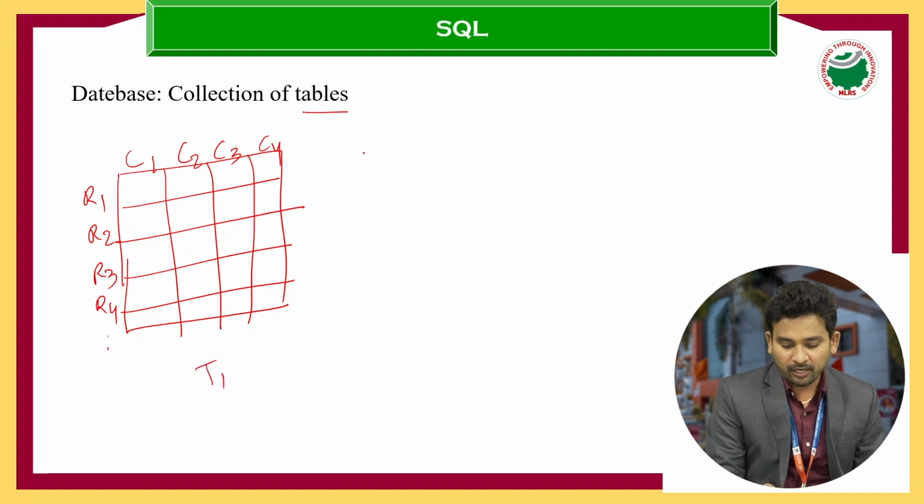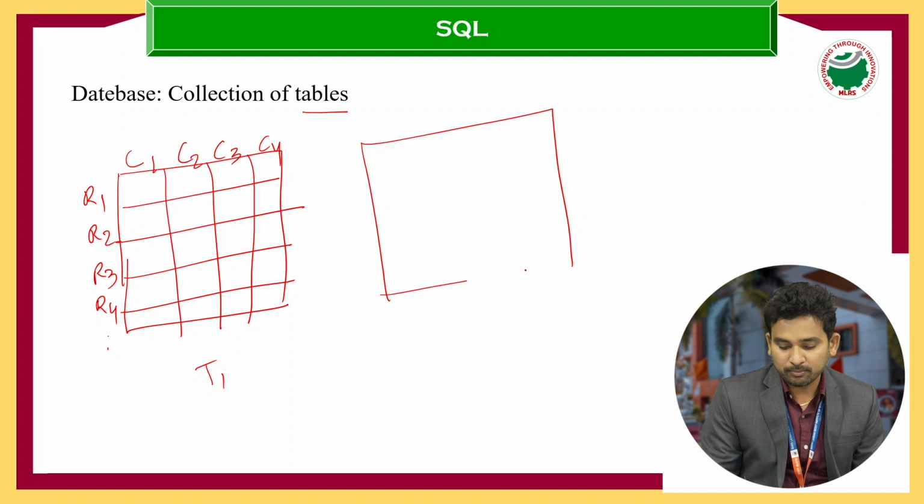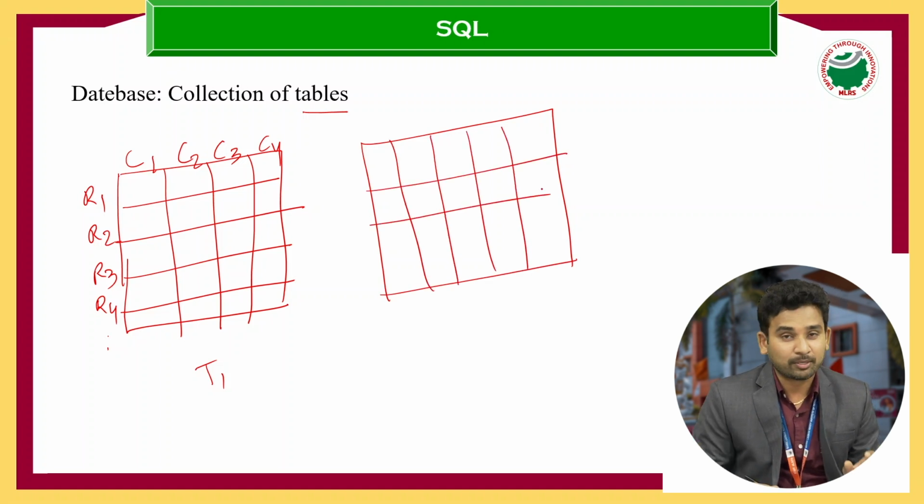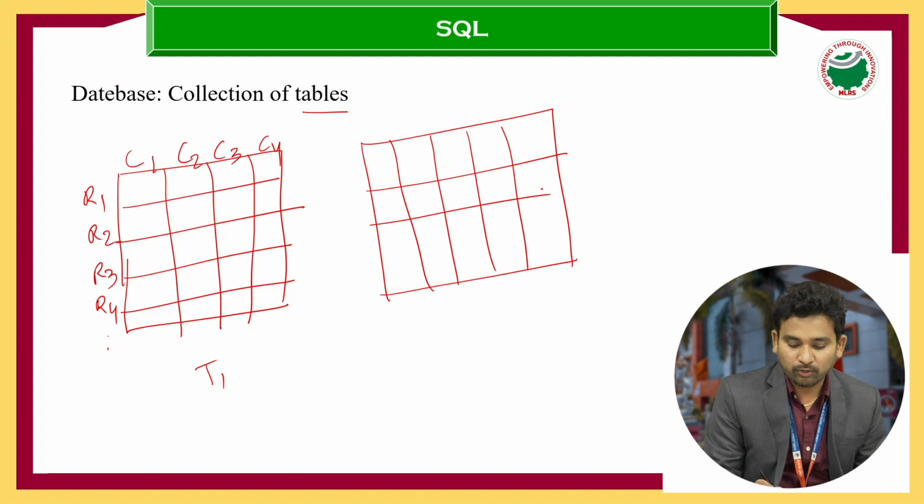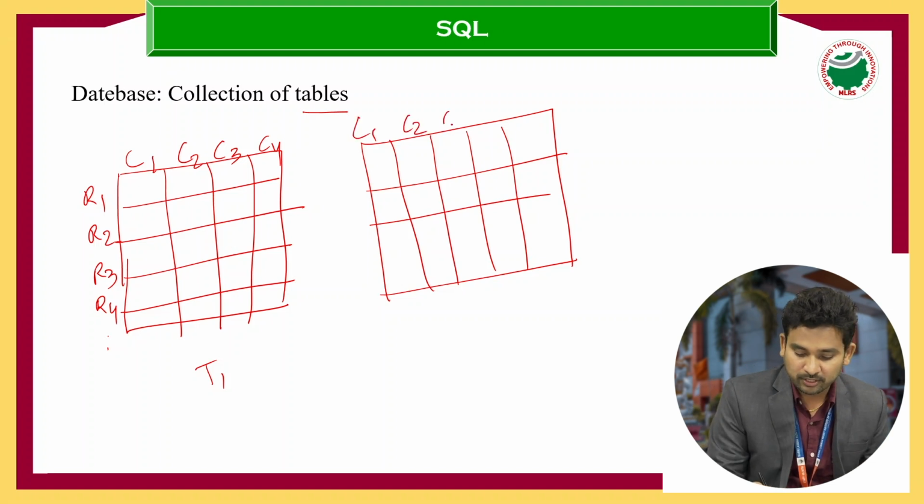In a similar way, I am taking another table having the same kind of columns and rows, but the counts may or may not be equal. Here also I am considering C1, C2, C3, C4, C5 and so on, and R1, R2, R3, R4 and so on.